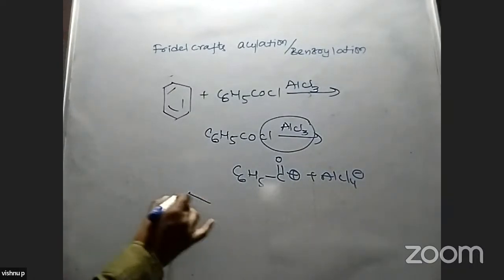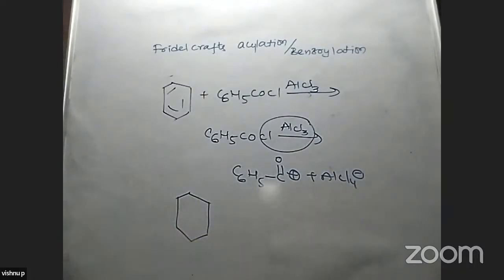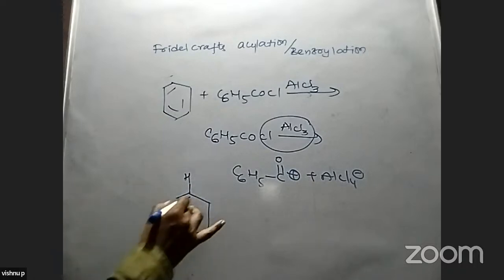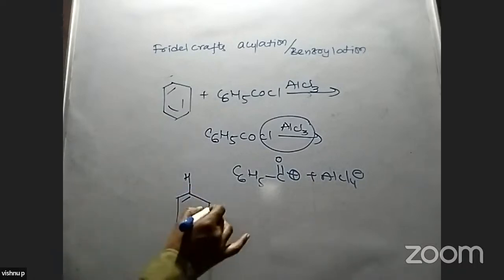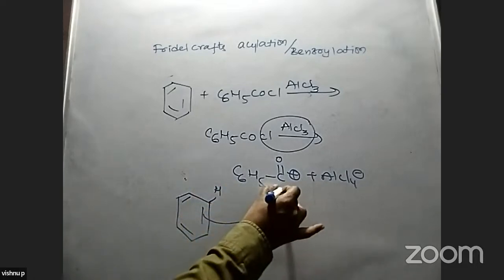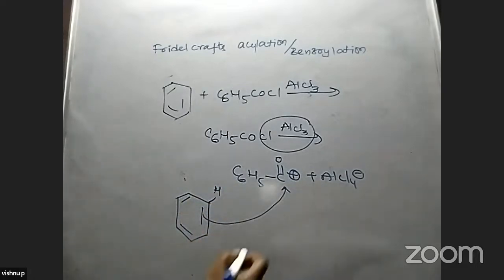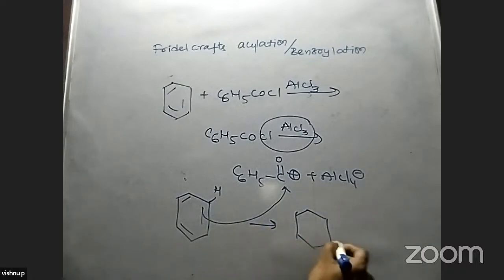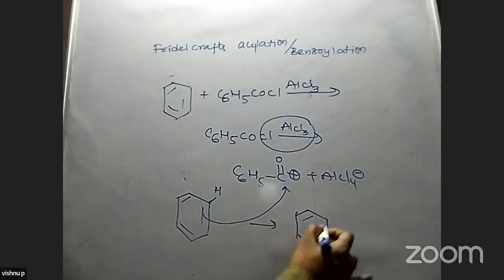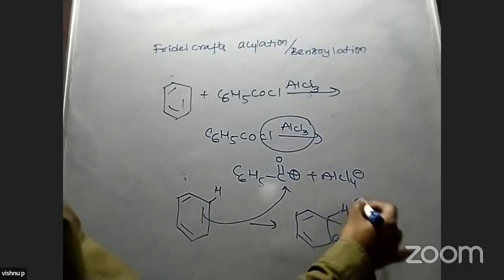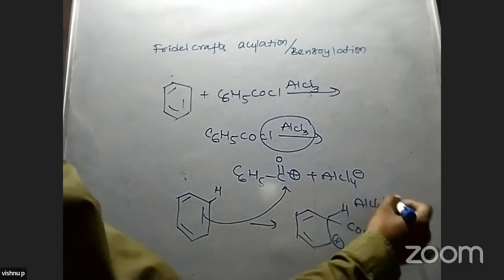So here, this is the benzene molecule. Here hydrogen. So we take here alternate bonds. Here also hydrogen is present. These pi electrons form a bond. And we get this sigma complex, a positive charge, alternate bonds, and here we get a COCH3, again in presence of AlCl4 minus.